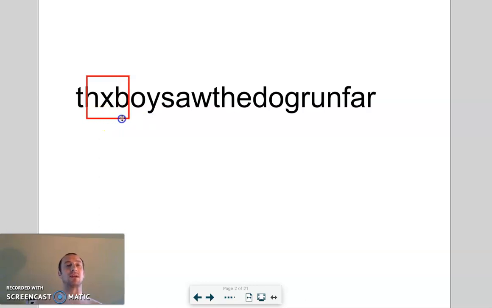So even though the doesn't quite make sense, we can get the gist of it. But boy, saw, the, right? The rest of it's there. So that would be like a replacement or a substitution in DNA. So imagine if these were letters of DNA, and we replace one letter, it might not have that big of an impact on the meaning of that piece of DNA.